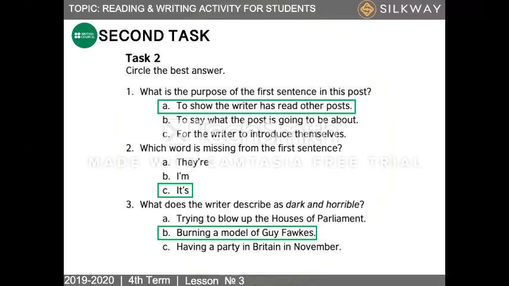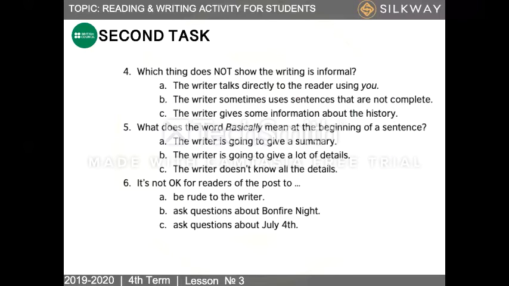Now, let's move on. How about number 4? Which thing does not show the writing is informal? Again, does not show. Is it letter A? The writer talks directly to the reader using you. B. The writer sometimes uses sentences that are not complete.